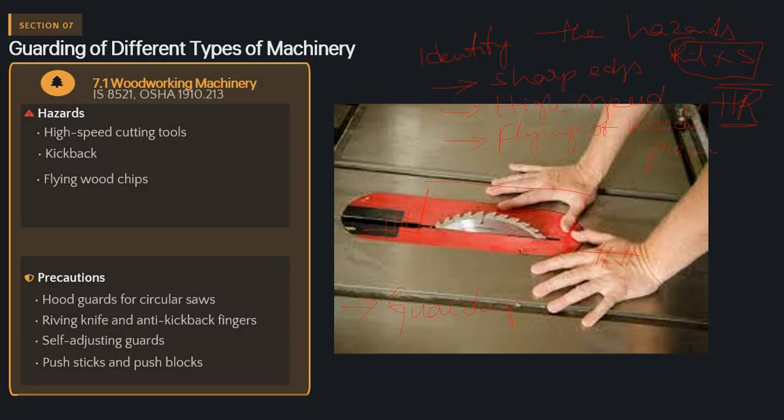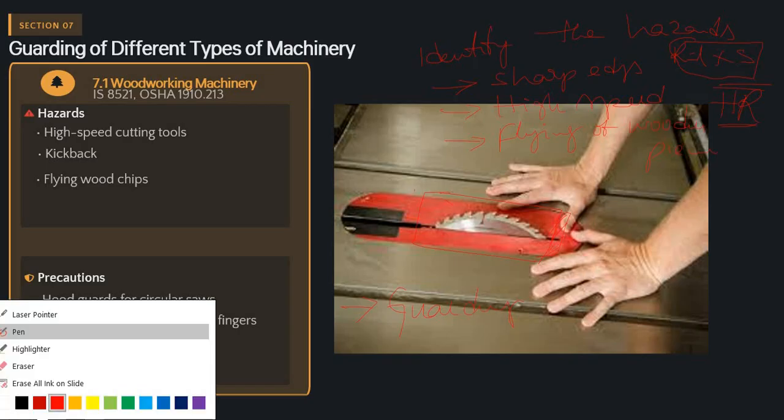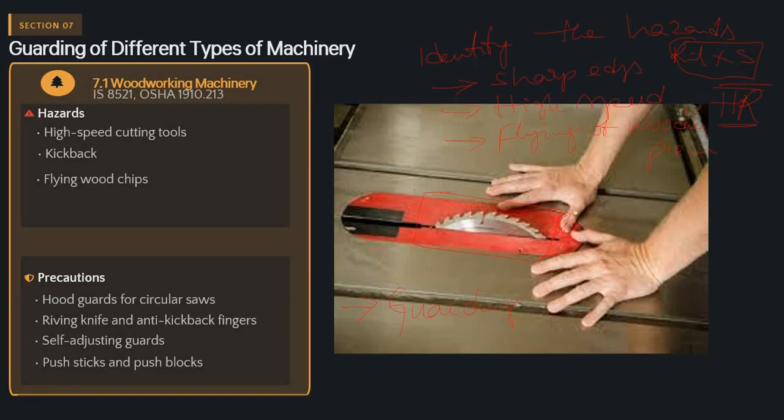Right, so it's not a fixed guard. We need to go with an adjustable guard. So we put fixed guards on the sides, and on the front side we put an adjustable guard, right?